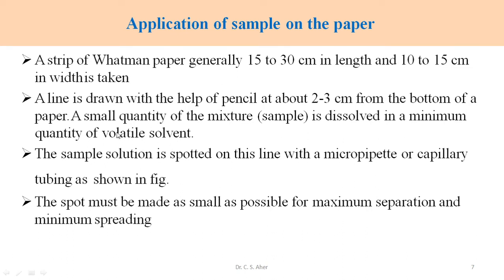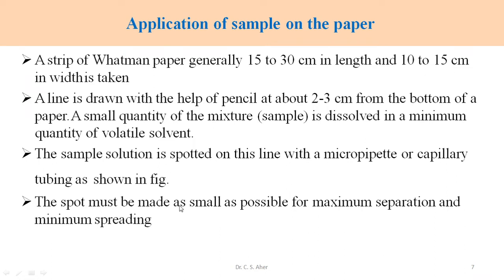So we make a saturated solution of this unknown substance or sample in a volatile solvent and we spot it on this baseline. This sample solution is spotted on a line with the help of a micropipette or capillary tubing, as shown in the figure.